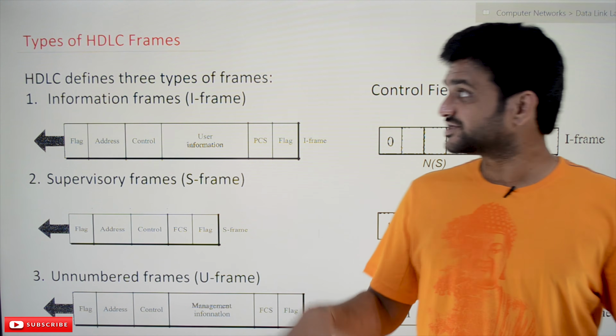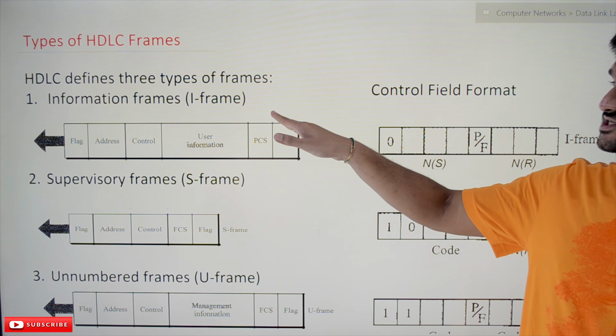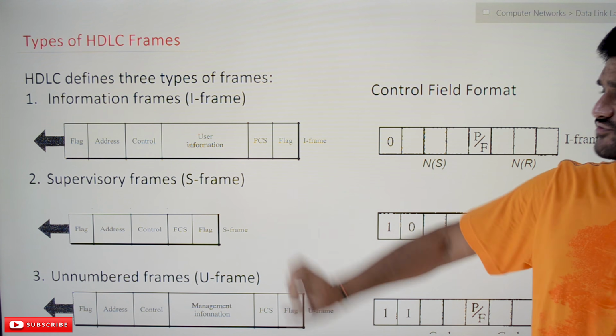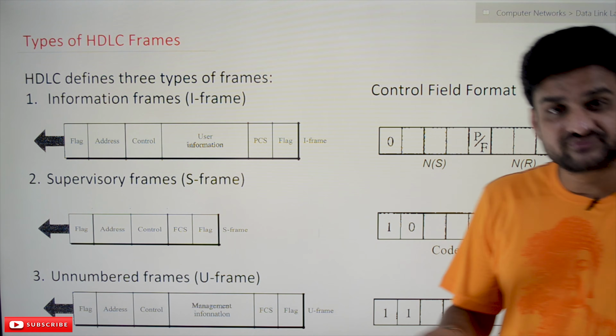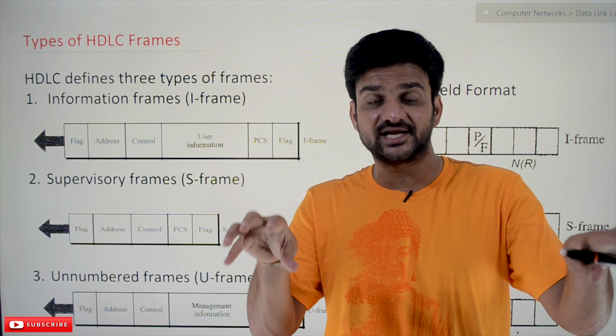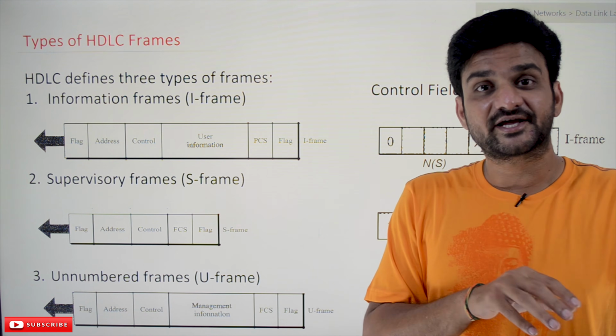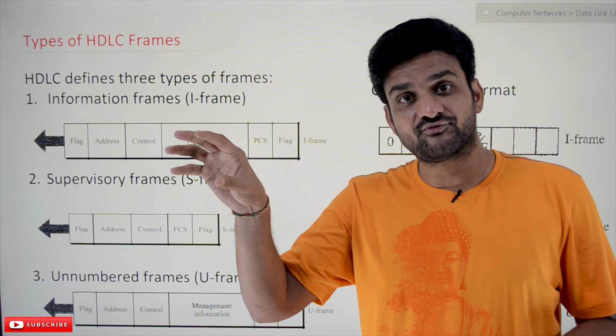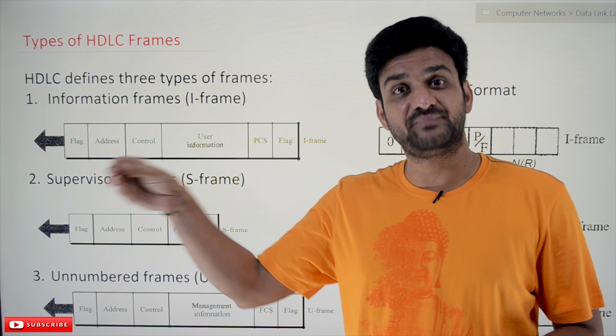Now in this class, we'll try to understand different types of HDLC frames. So why different types of HDLC frames? As we have seen the different concepts, different concerns of the data link layer, which includes error correction and flow control. In flow control, we have piggybacking.